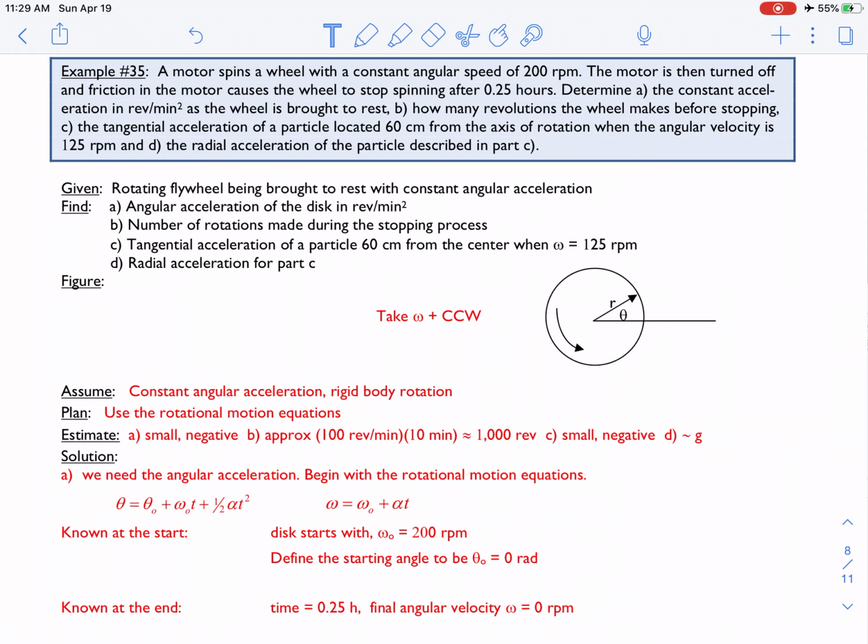And part C is tangential acceleration. This should also be negative, and again, because it's slowing down, that is something you can easily see. And the radial acceleration for part C is comparable to gravitational acceleration. Because it's the radial acceleration, that's the linear case, and so we are going to figure out the numbers.